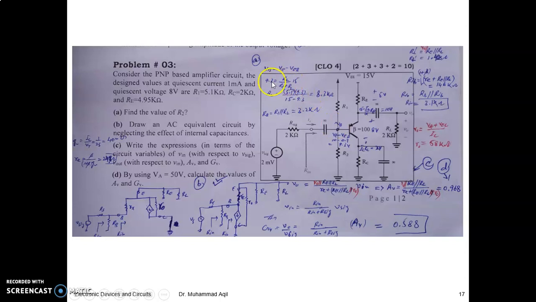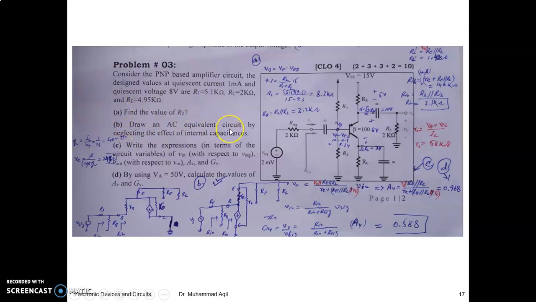You can write this equation: VB is equal to R2 divided by R1 plus R2 into 15, VEE, and VB you already found to be 9.3. So put it here. R1 is given. Find R2. R2 is found to be 8.3 kilo ohm, right? So this first part has been done.